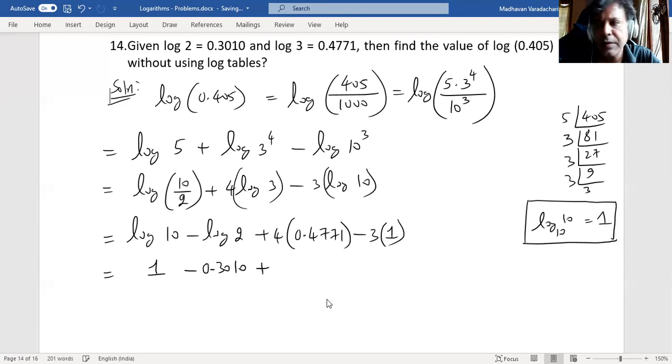0.3010 plus, let us multiply this 4 times. 4 times 0.4771, we get 1.9084 minus 3. Now let us evaluate this.